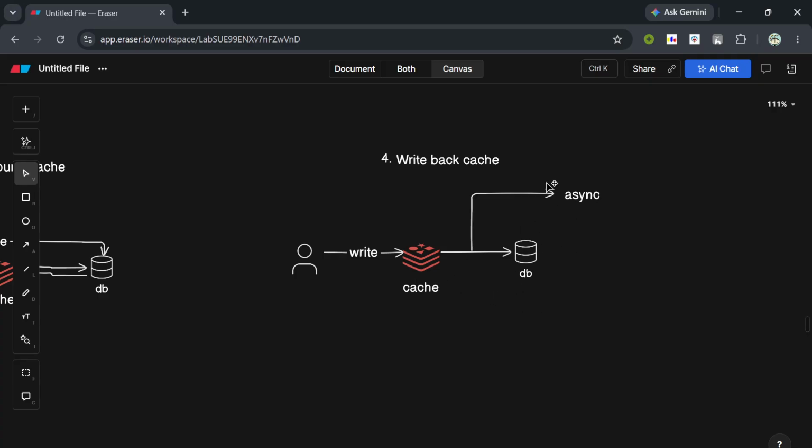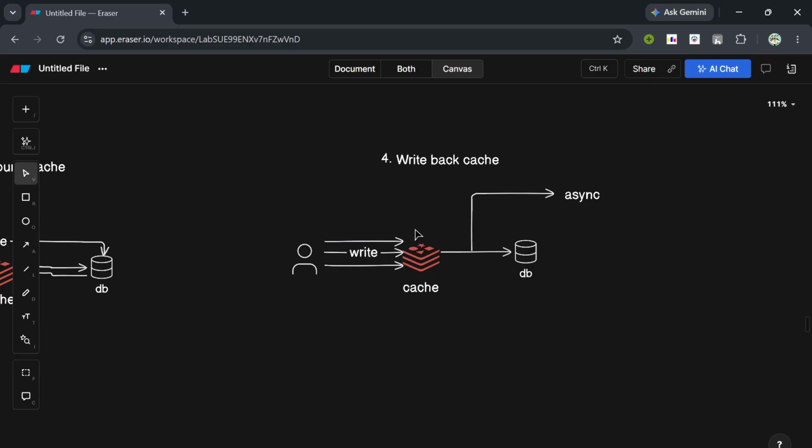Because it is an async process, we can do multiple write operations simultaneously and we do not have to wait to get a response. It can run in the background and update the database later on, while we are still writing more data in our cache memory.